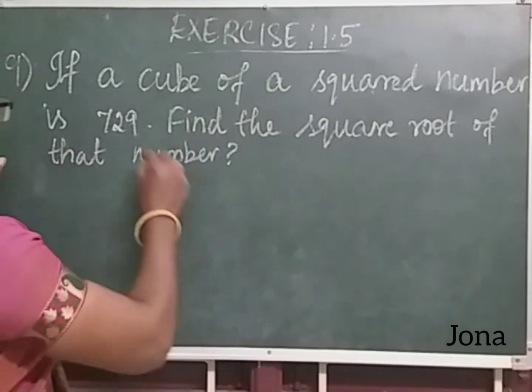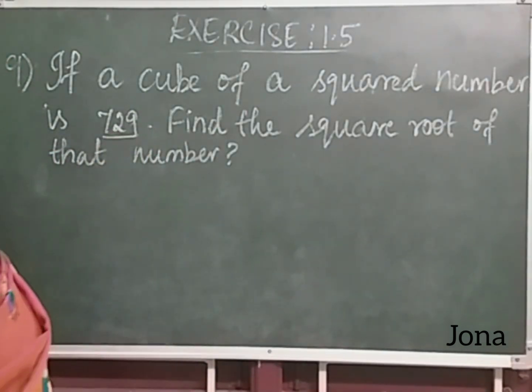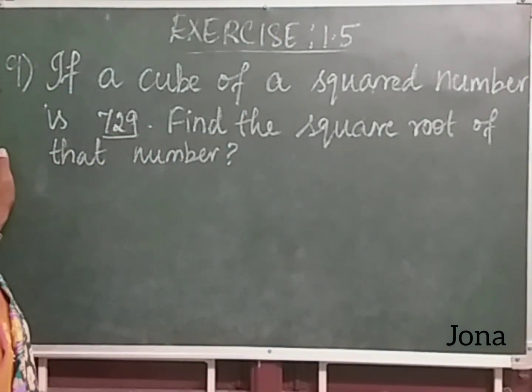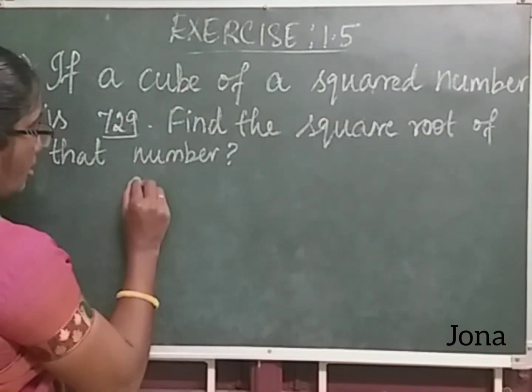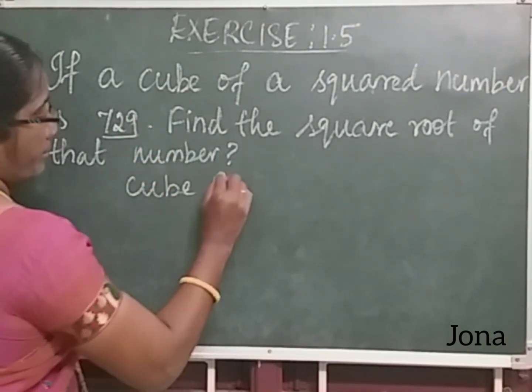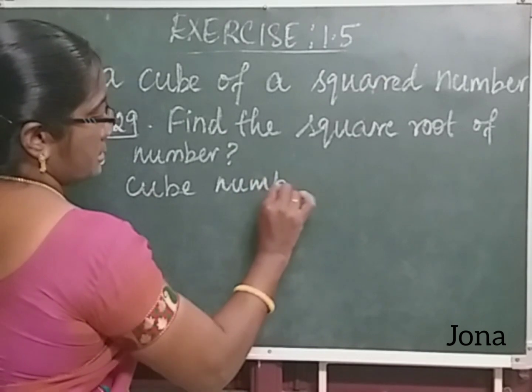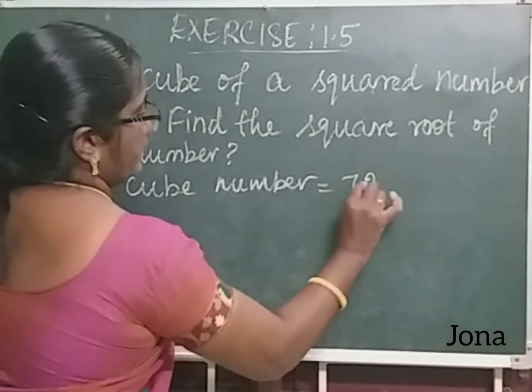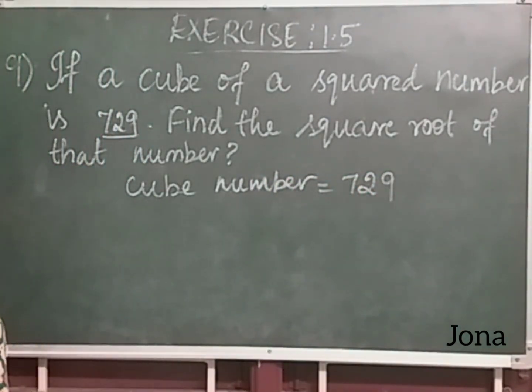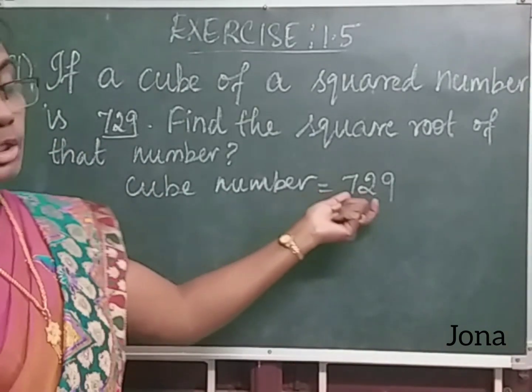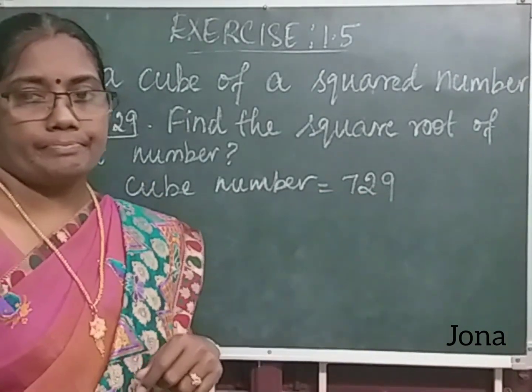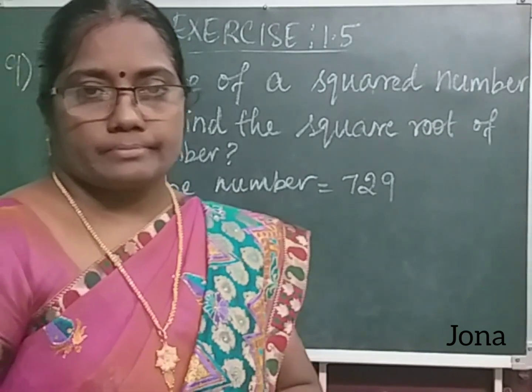Okay. So this 729 is a cube number. It's given already in the problem itself. The cube number is 729. Okay. I want to write this cube number as a square number. Okay.